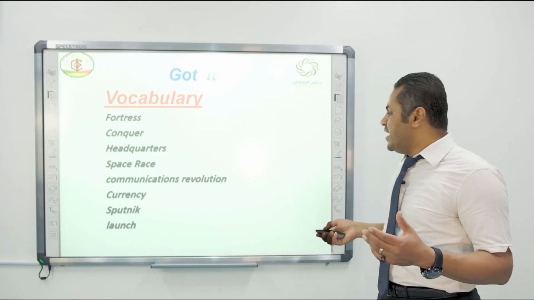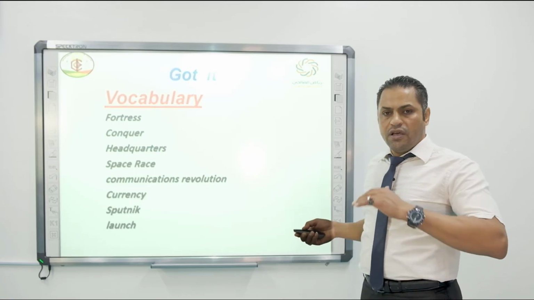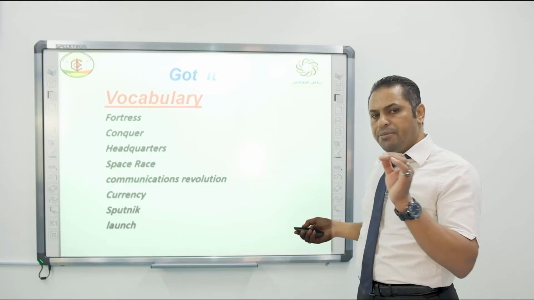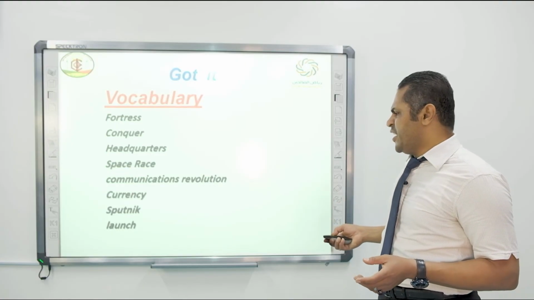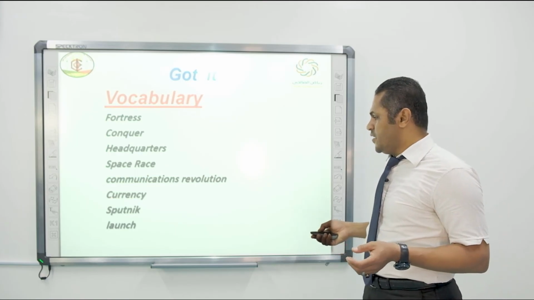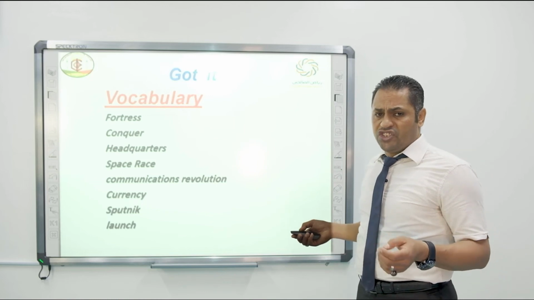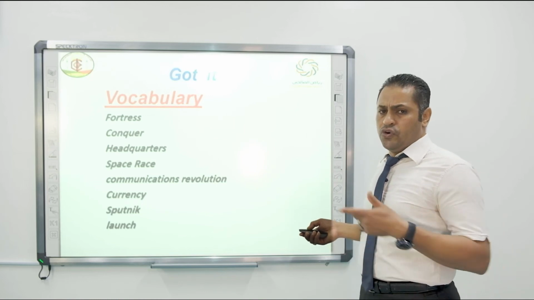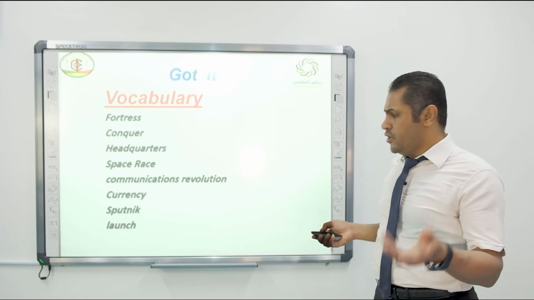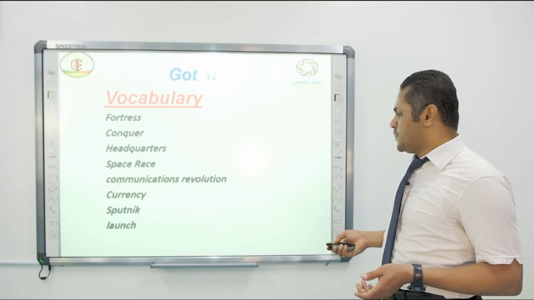Communication revolution. A communication revolution is the sudden progress in the communication world. Currency. Currency is money for a certain country, such as dirham for the Emirates, riyal for Saudi Arabia, pound for England. Sputnik.